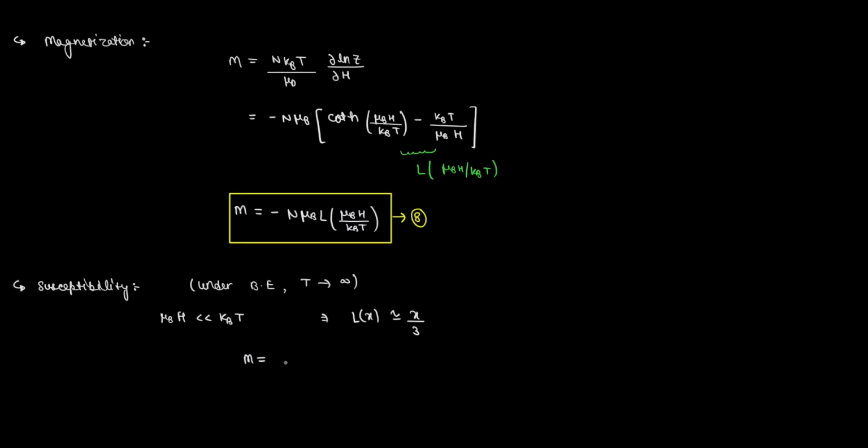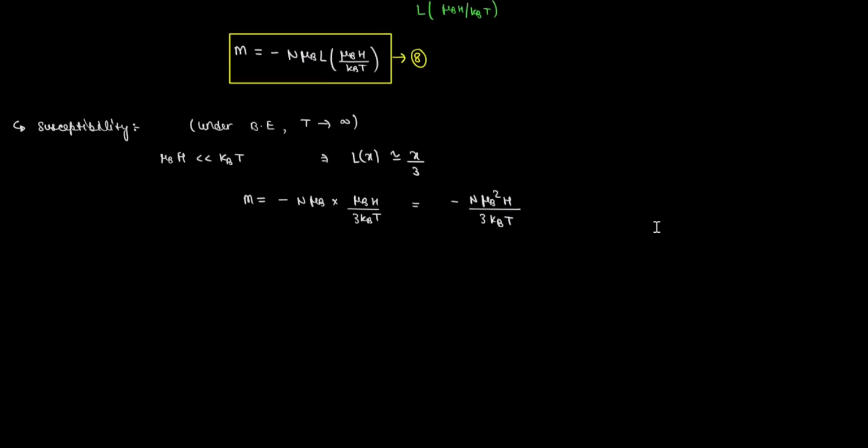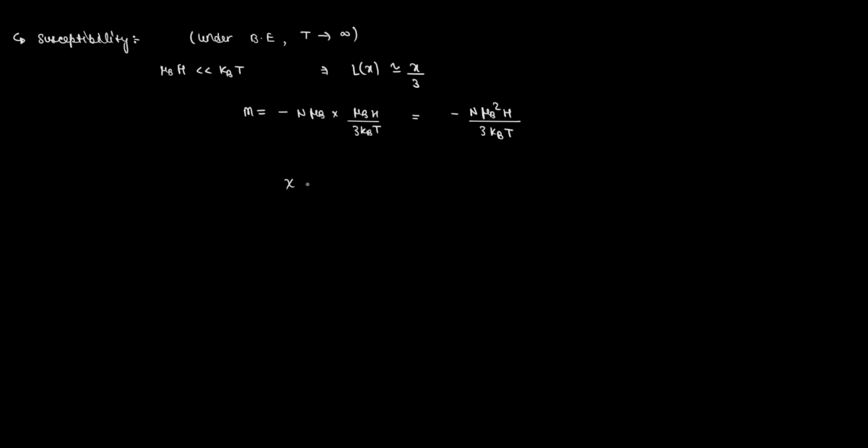So therefore the magnetization is given by minus n mu b times mu b h divided by 3 kBT, which will be equal to minus n mu b square h divided by 3 kBT. So the susceptibility in this case will be equal to minus n mu b square divided by 3 kBT. And this is known as Landau susceptibility.